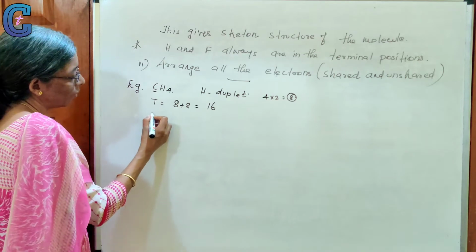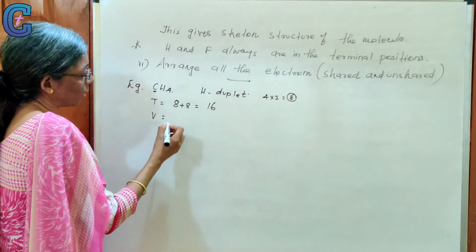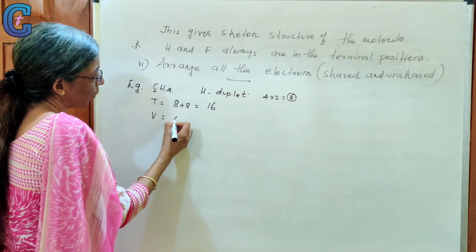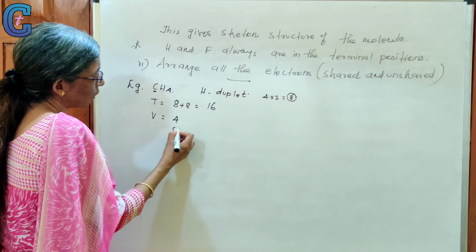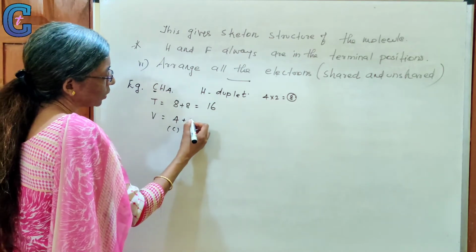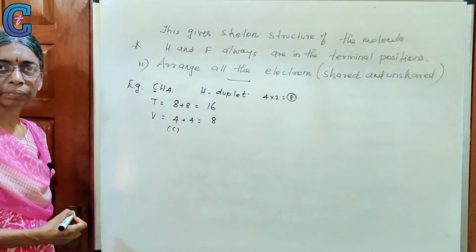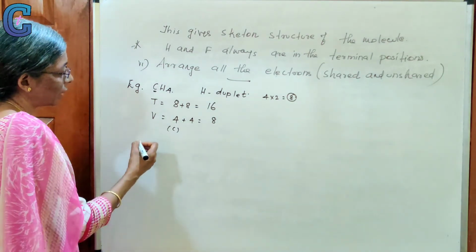Then V, the valence electrons: carbon 4, and each hydrogen 1, so 4 hydrogens give 4, total 8.